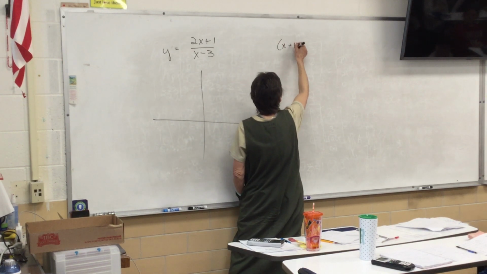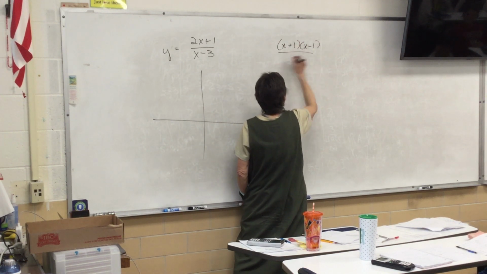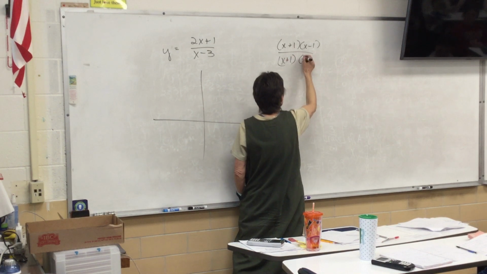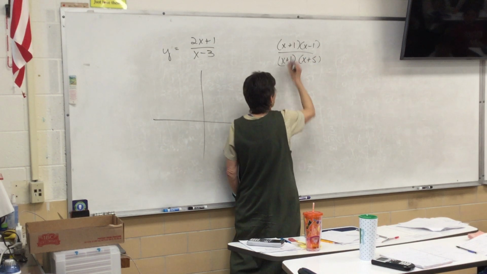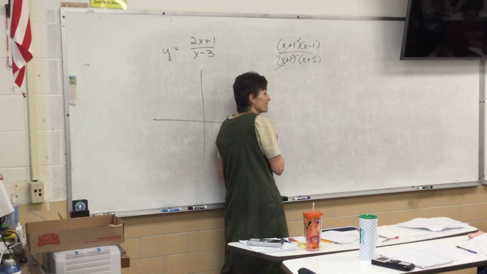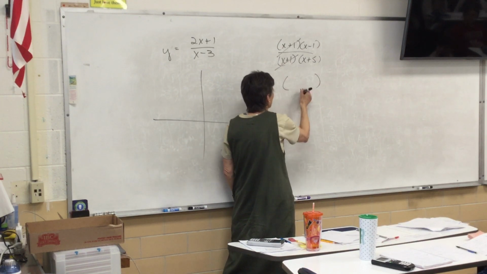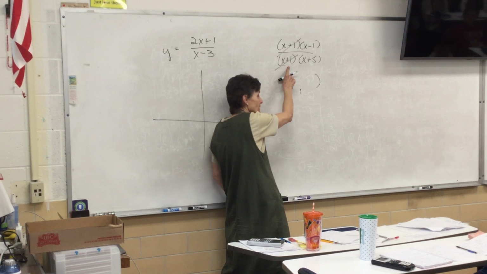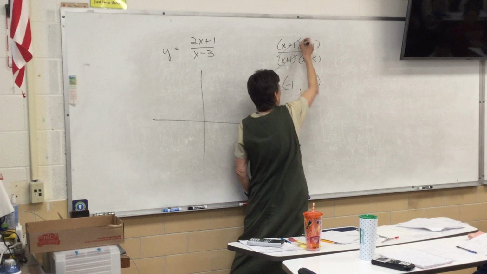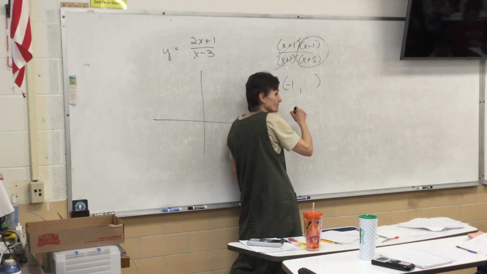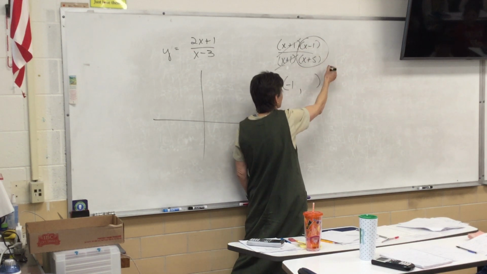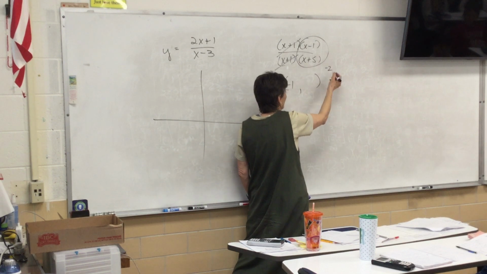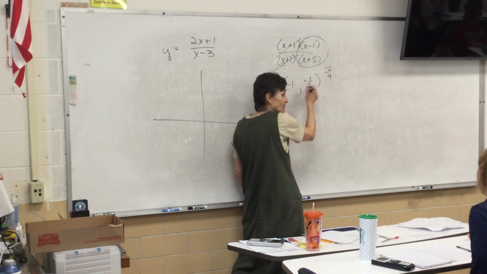But if you had a problem that did factor and cancel, this right here would tell me that my hole was at the point where x is negative 1, because that's what canceled out. And then to get y, I would plug it into what's left. So negative 1 minus 1, and negative 1 plus 5, so negative 1/2, that would be my hole.